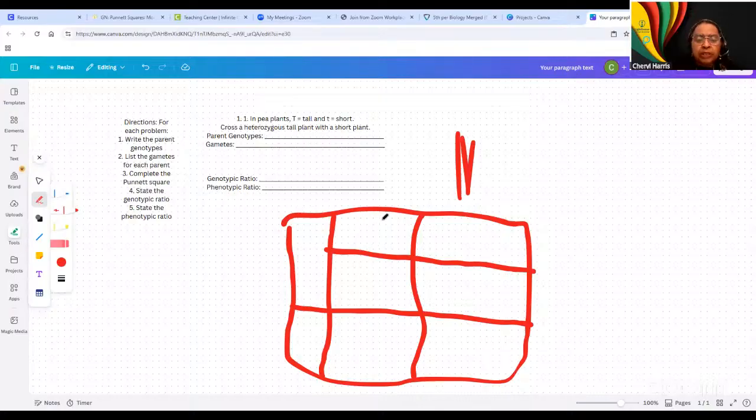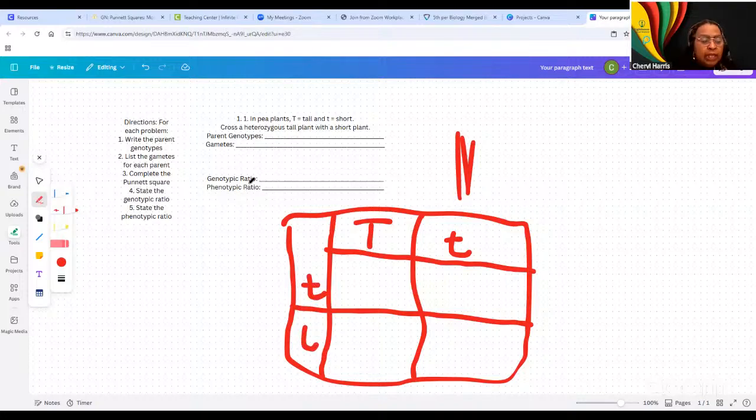So one parent is going to be tall, but they're heterozygous tall, which means one of the alleles is recessive. And the other parent is a short plant. In order to be short, being that short is recessive, that's telling you that that parent has to have two genes for short.